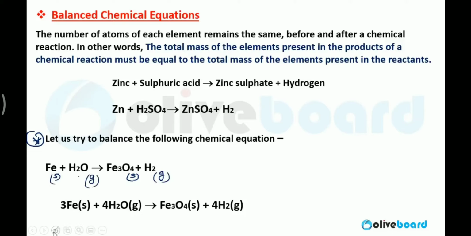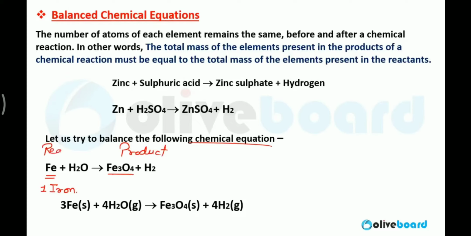But if you see, this is not a balanced chemical equation. How can you say that this is not balanced? Here you can see only one atom of iron is present in the reactant part, and in the product part, Fe3O4.